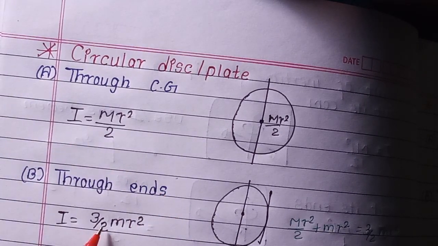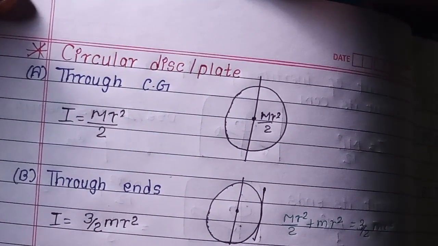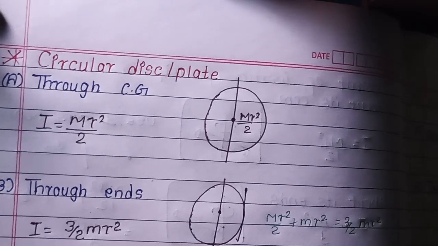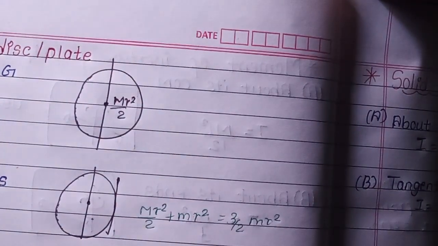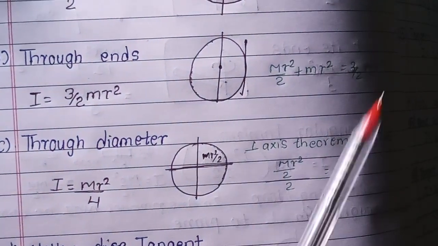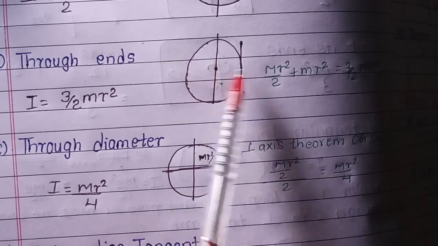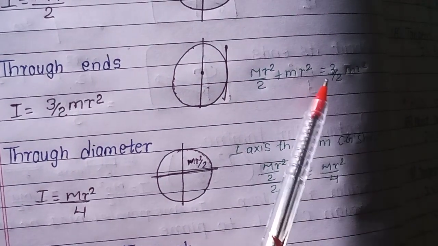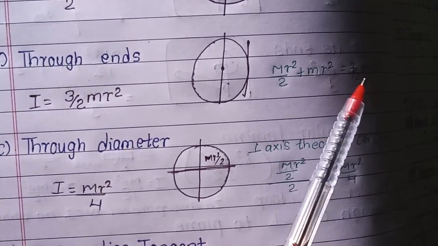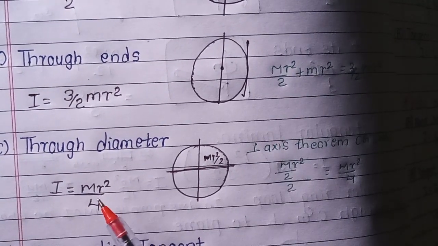And for this we apply the parallel axis theorem here. mr square by 2 plus mr square is equal to 3 by 2 mr square. mr square by 2 for the center and mr square for this distance, and we find 3 by 2 mr square for the circular ring through its diameter.